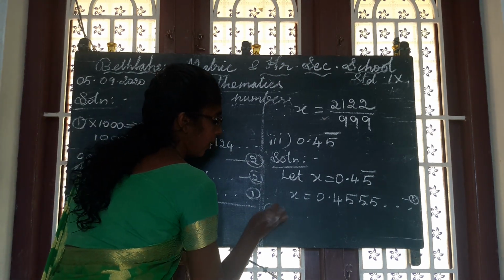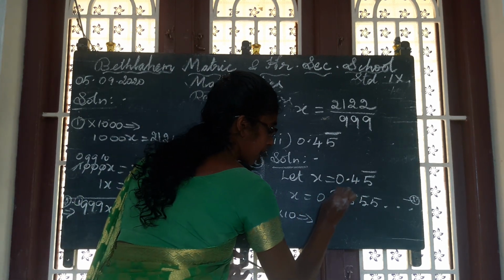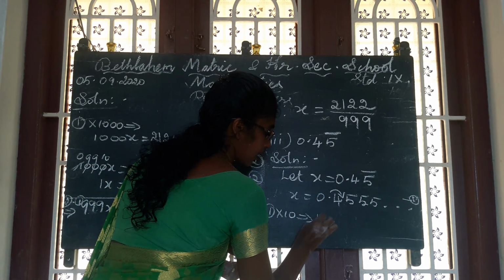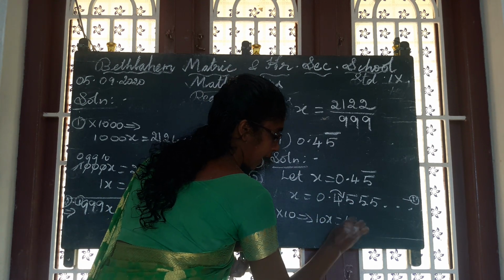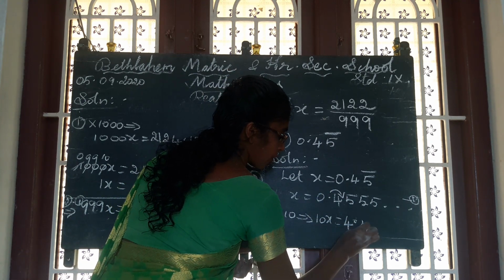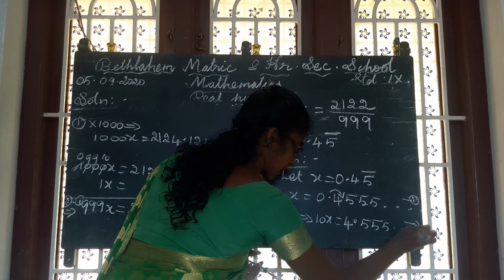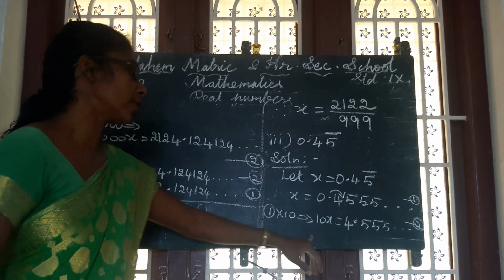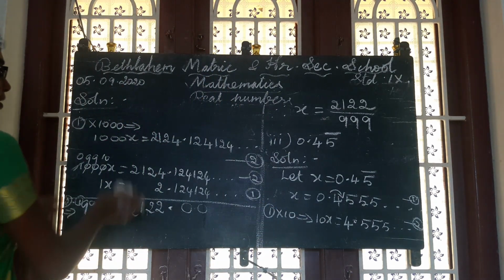Equation 1 you want to multiply by 10. 10x is equal to, this decimal point will be moved here, 4.555, etc. Take this as equation 2.